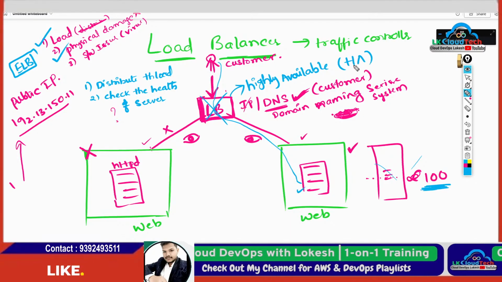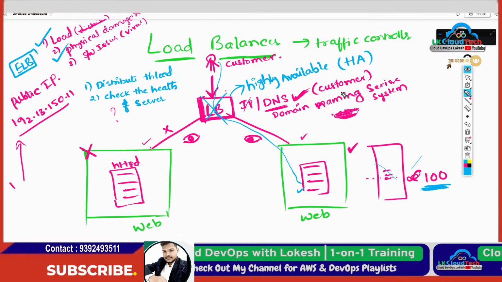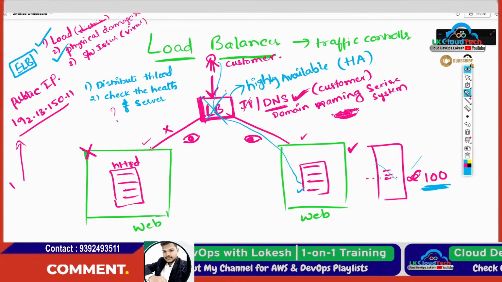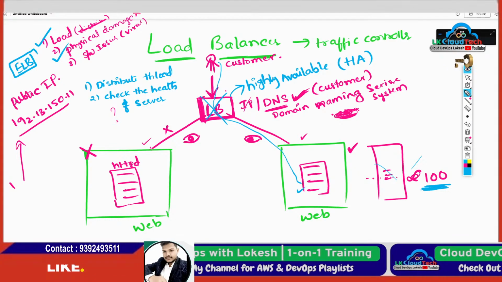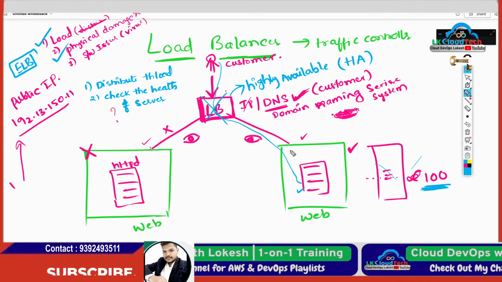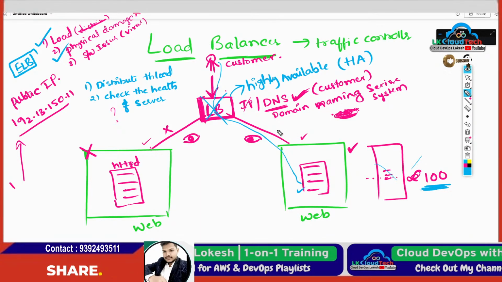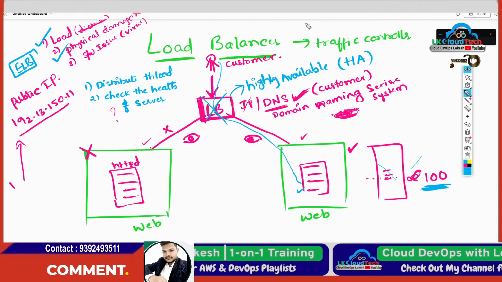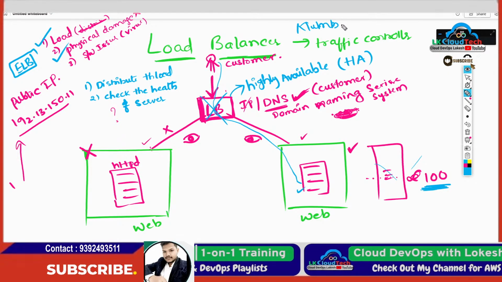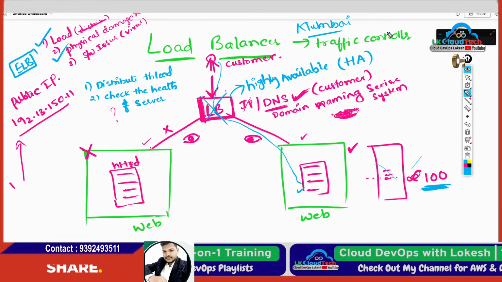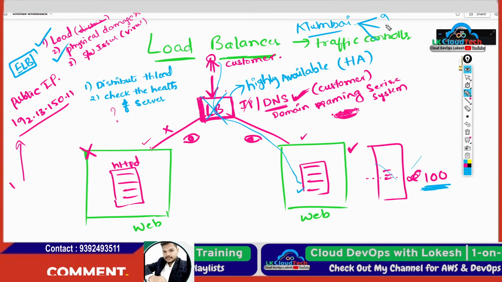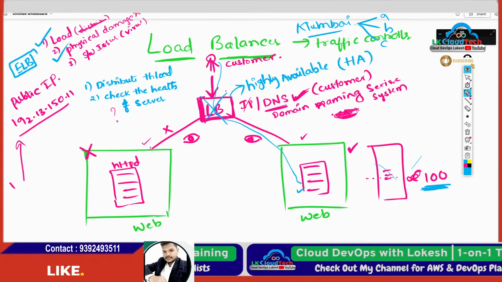HA, you might have seen these words, high availability. It is managed across multiple data centers, so don't worry about that. For India we have Mumbai, with availability zone A, availability zone B, and availability zone C.